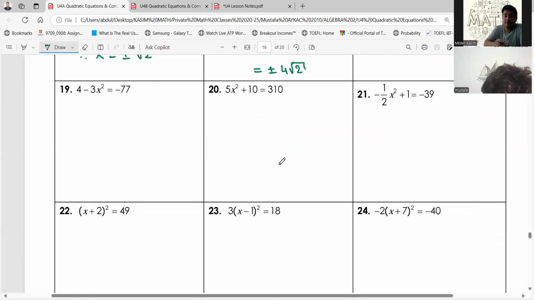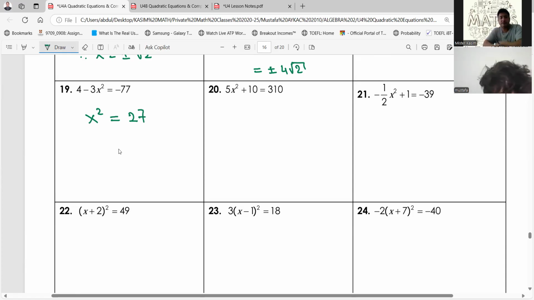19. Minus 4 from both sides, which gives you negative 3x squared equals negative 81. And then divide both sides by negative 3, which gives you 27, because 3 times 27 is 81, right?